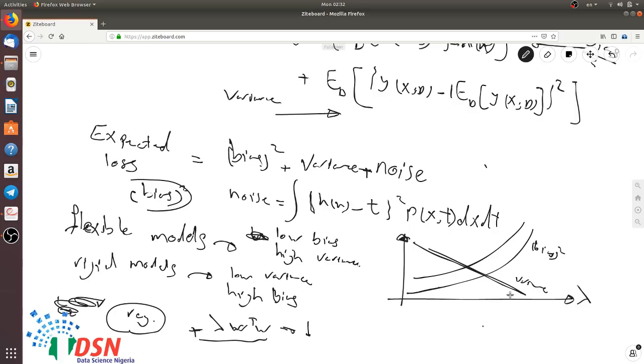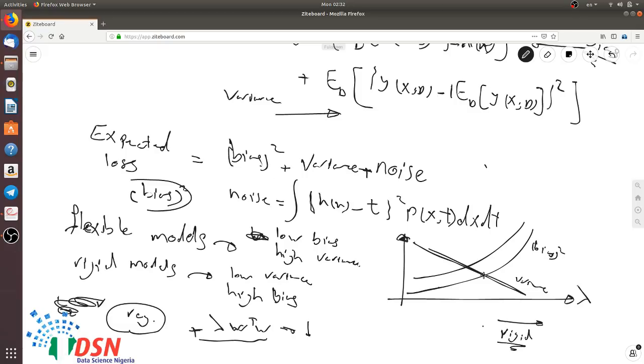So this is the variance. Increasing the lambda means that we are making the model more rigid. So when we make the model rigid, the variance decreases and the bias increases. So we should just be aware of this trade-off between bias and variance.